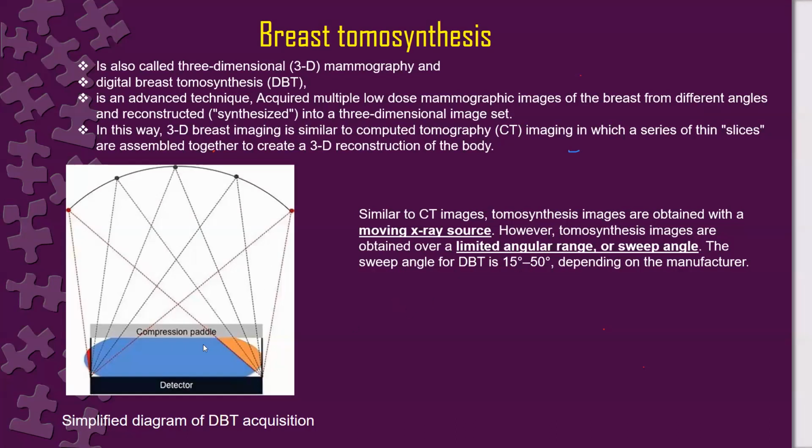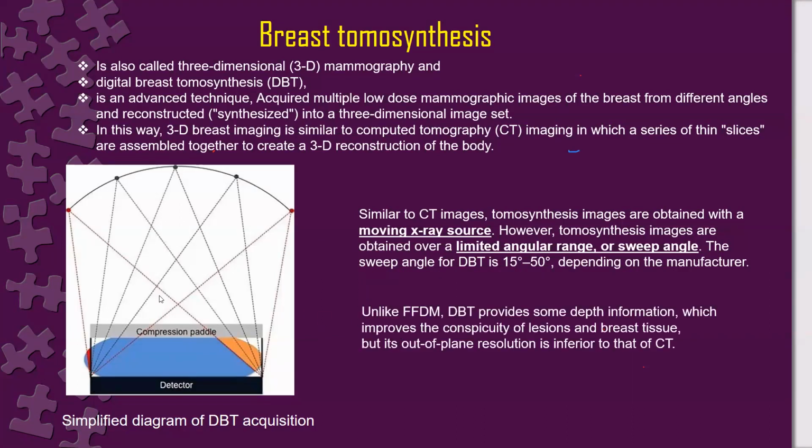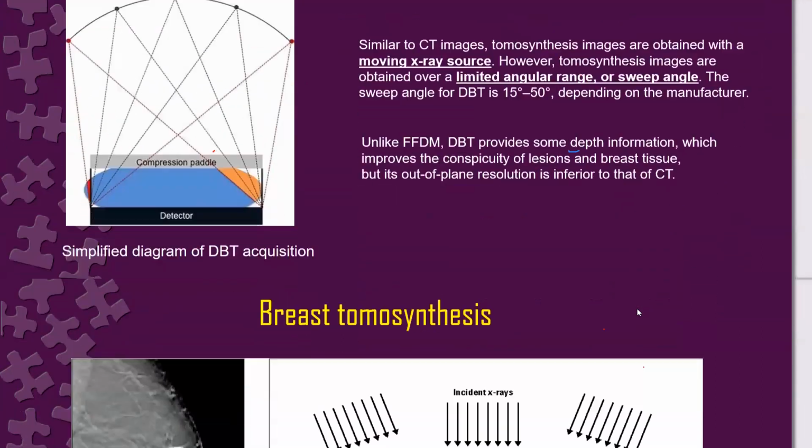This illustration demonstrates the breast between the compression paddle and the detector. Here you can see the X-rays coming from different angles. That is why it is different from 2D in giving depth information.